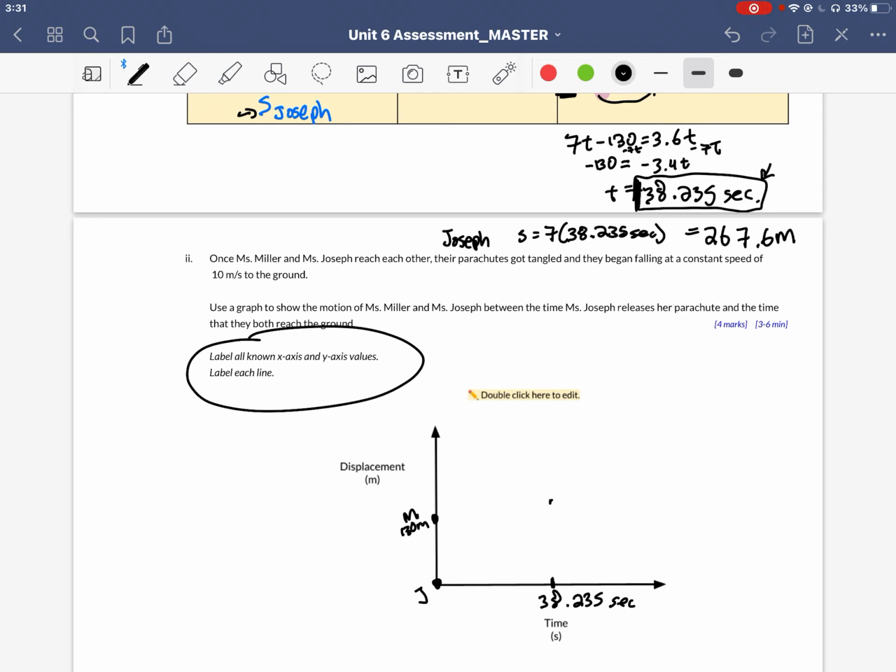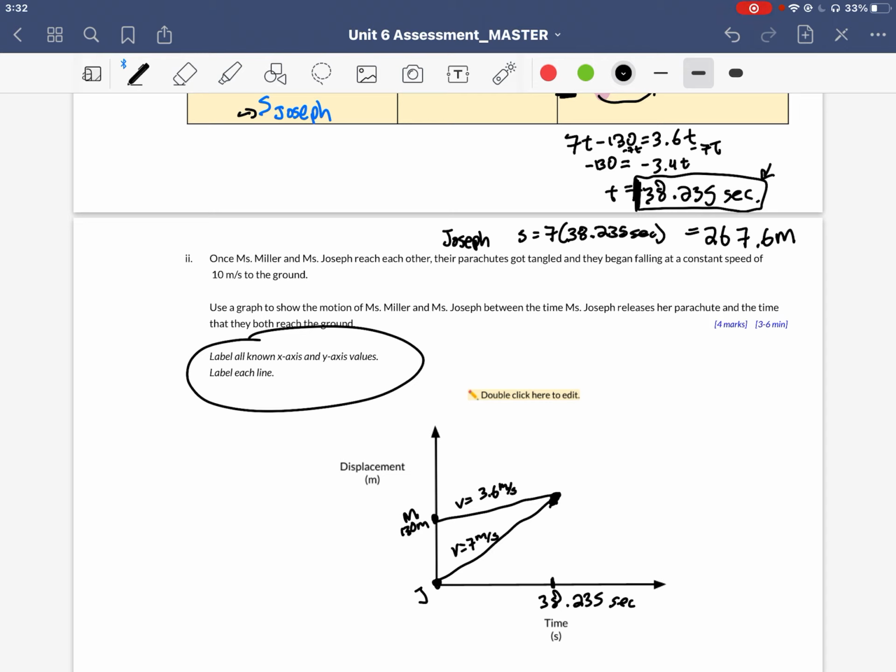So they're going to collide here. So notice these lines have two different slopes because Miss Miller and Miss Joseph have two different velocities. Miss Joseph's velocity is faster, and so that's why her slope is steeper.